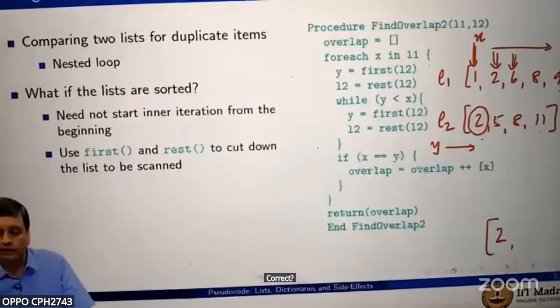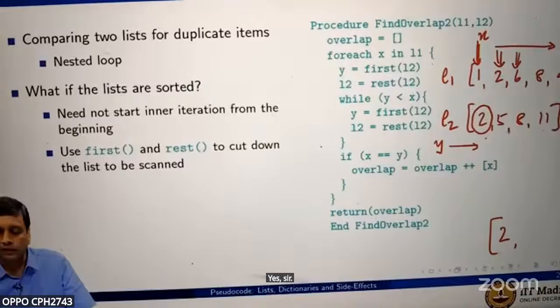The first element we are checking in the while loop condition itself. Then we are changing the value of y by taking it inside the while loop. We have y is equal to first of L2, correct? Now then we have L2 is equal to rest of L2. It is again changing L2.